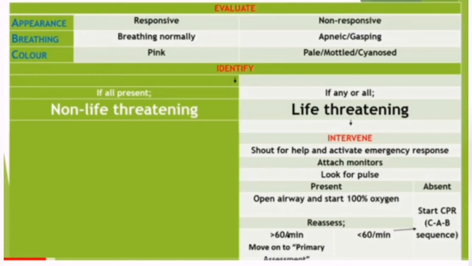I want to give one scenario for pediatric pulse. One scenario about shock.